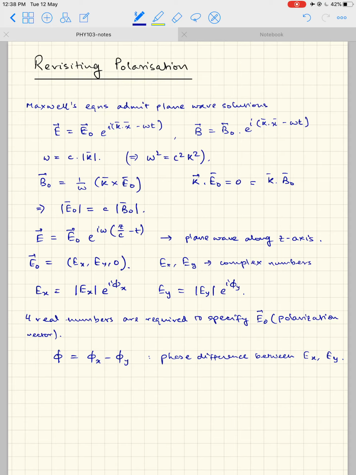So now don't let these complex polarization vectors confuse you, if you wish.